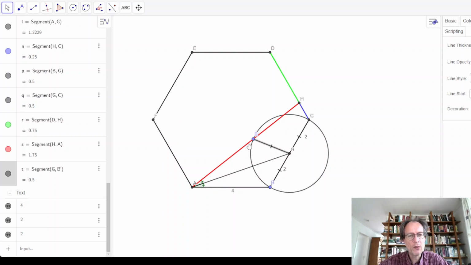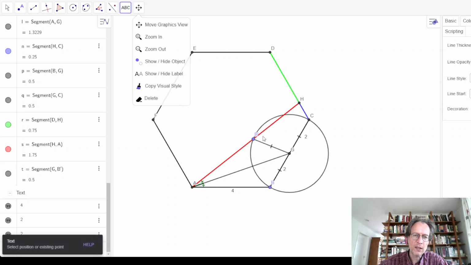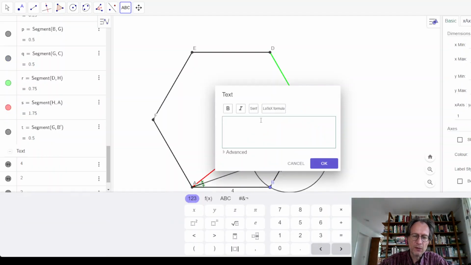So therefore we know that it is a kite, which means it has reflection symmetry along the axis AG. So this angle is equal to that angle, and that is 120 degrees from the regular hexagon. So here we have 120 degrees, and here we have 60. So let's put that over here, 60 degrees.